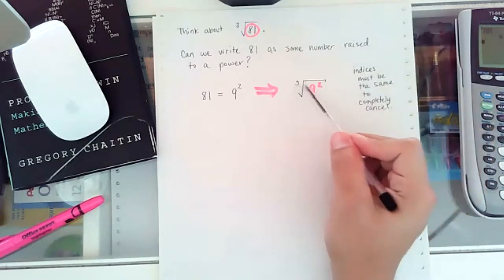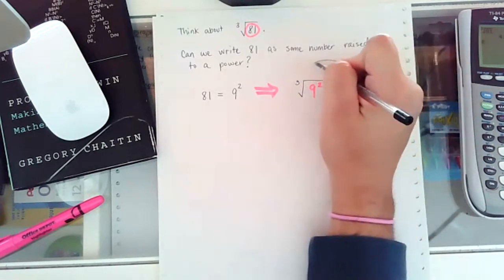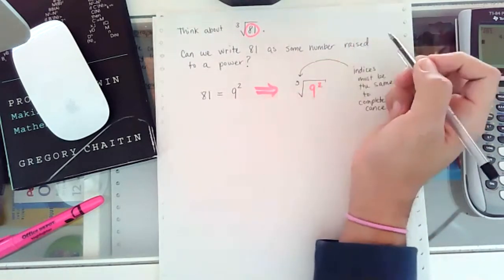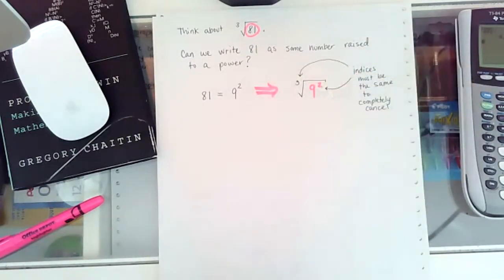So the number that is represented here on the root. So this root needs to match this exponent in order for them to cancel, right? I said that the square root can completely cancel the square operation, and that the cube root can cancel the cube, or the third power.